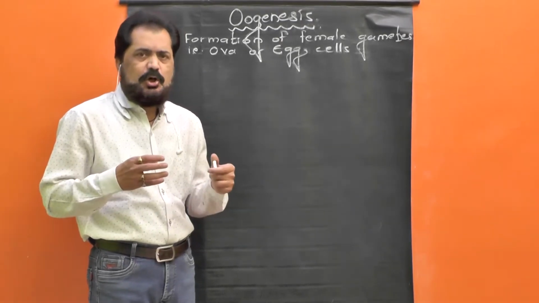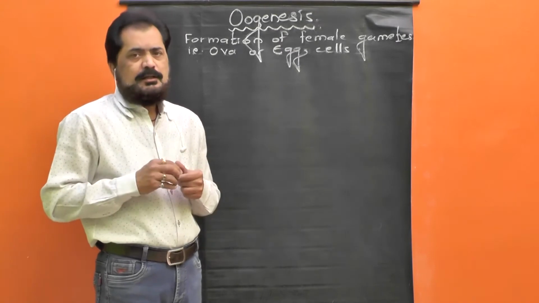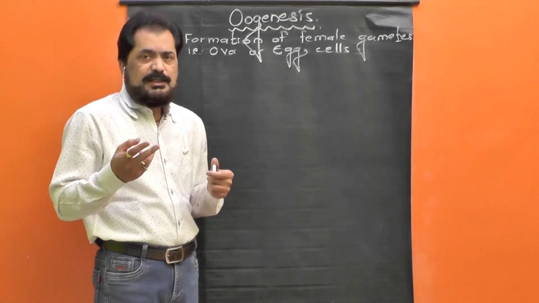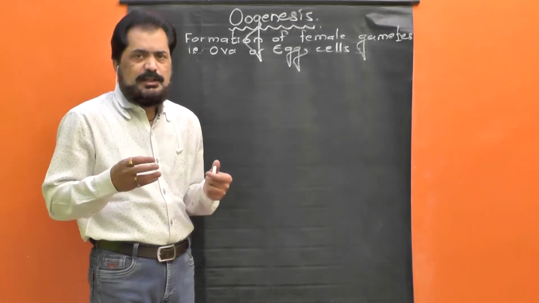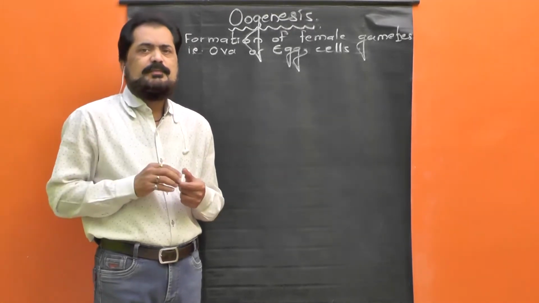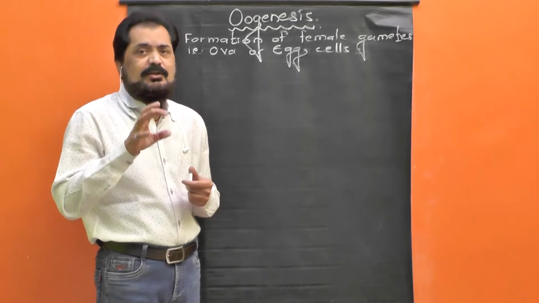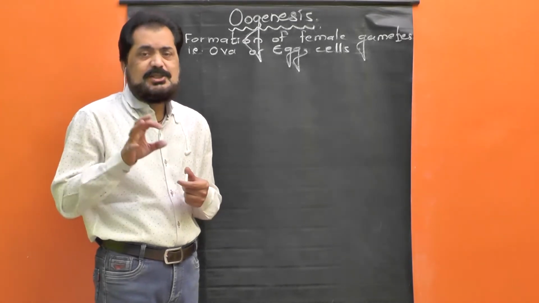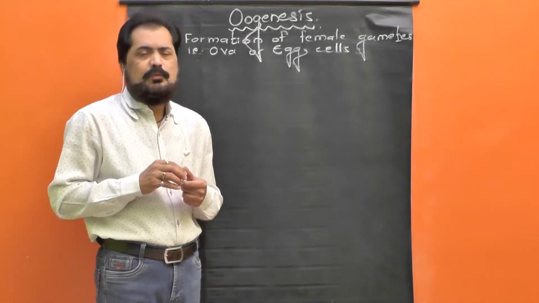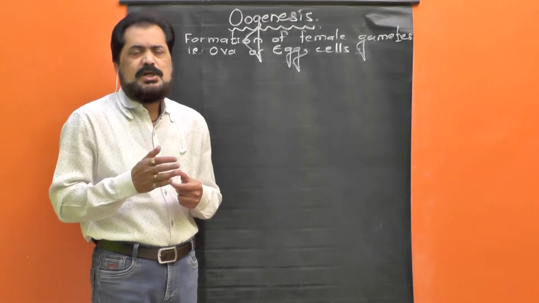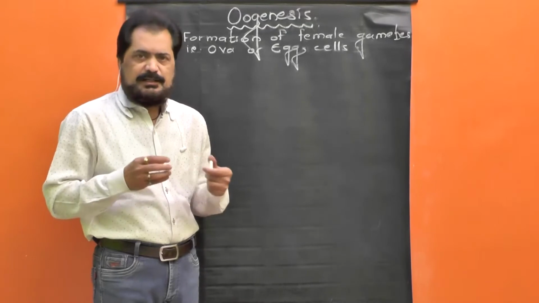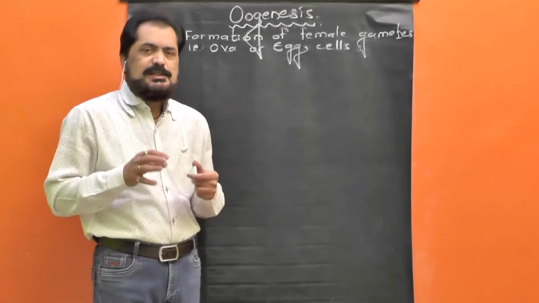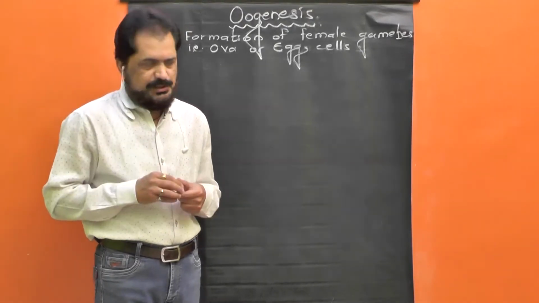Millions and millions of oogonia are formed, and actually in the reproductive life of that female the number of ova formed is more or less 400, or we can say 420. That's why this is a lengthy and wasteful process.